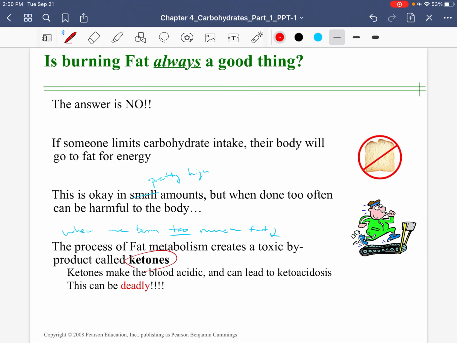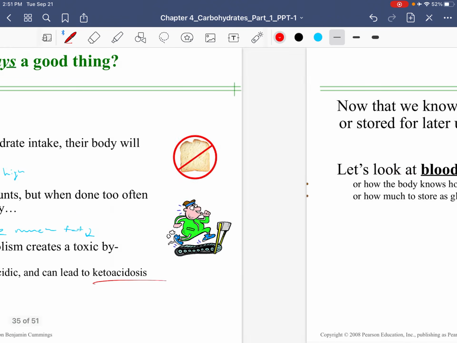What if someone's on one of those low-carb diets? If you don't have enough carbohydrate, you're going to burn more fat. And when we burn more fat, we accumulate more ketones. There's a potential for developing too many ketones, or developing ketones more quickly than your body's able to get rid of them. And that can lead to ketoacidosis, when your blood becomes acidic because of a buildup of these acidic chemicals called ketones.